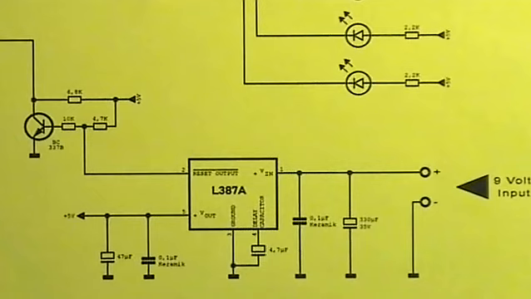The L387A voltage regulator not only ensures a stable 5-volt power supply, it also generates a negative reset signal when the power supply is switched on, which is negated and fed to the microcontroller via a transistor.